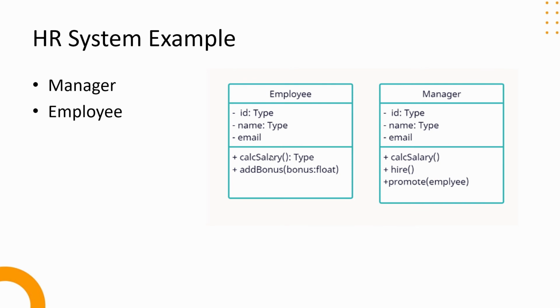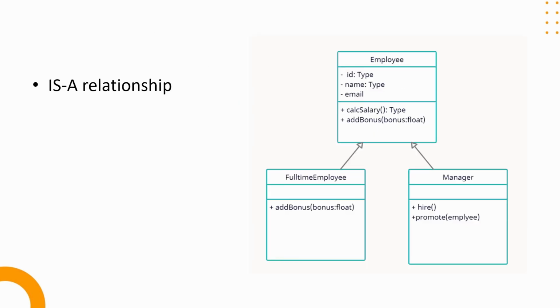Inheritance can help us again to avoid this repetition between the two classes. Let's see how we can do that. We can, for example, have an employee class here, and we put the common characteristics there, that is the ID, the name and the email, and also the calculate salary, to be in the base class. So these are the common things between the two classes.